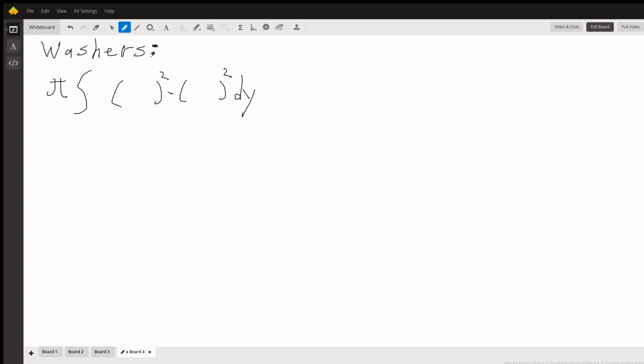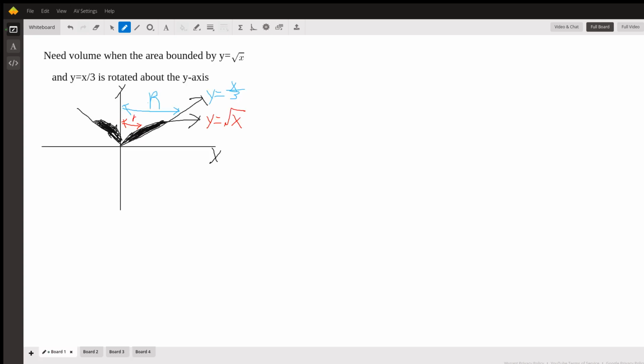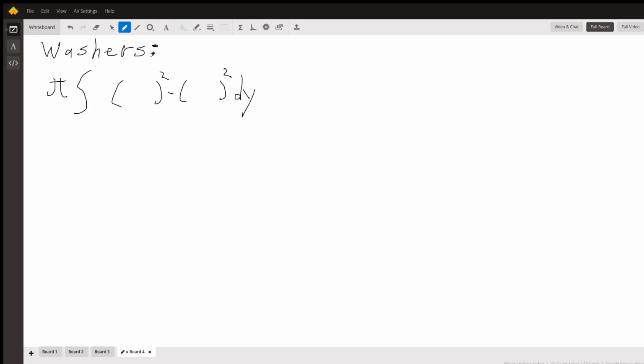Since we're working with dy, I'm going to rewrite these two equations and solve for x. So this says that x equals 3y, and this says that x equals y squared.